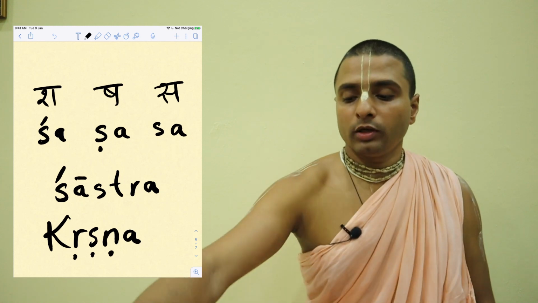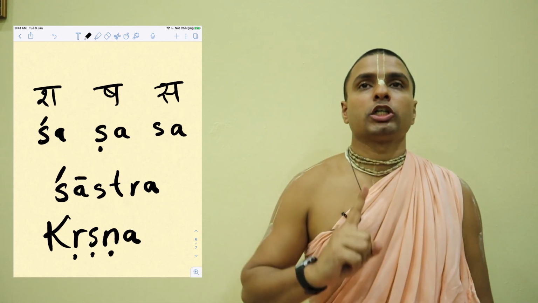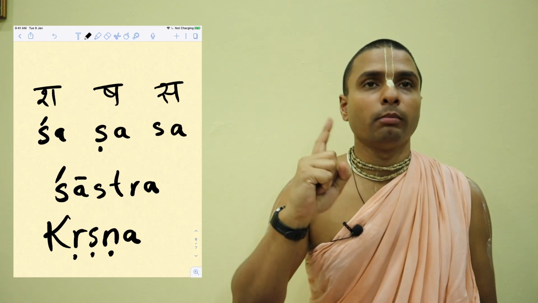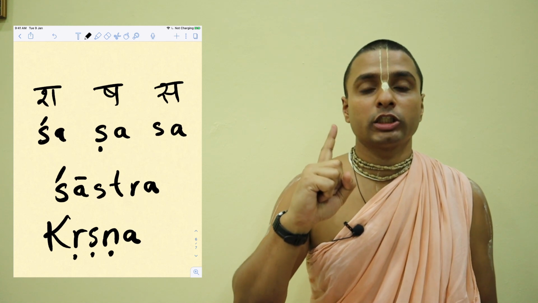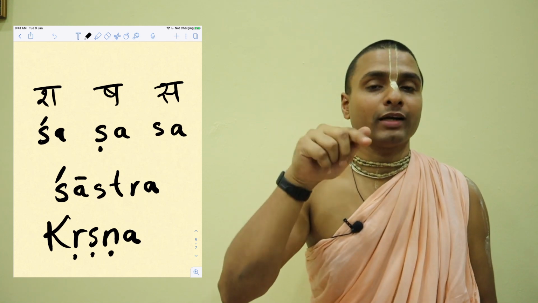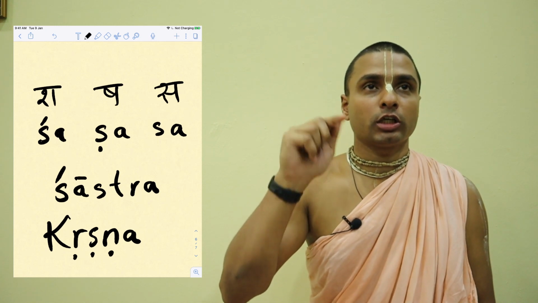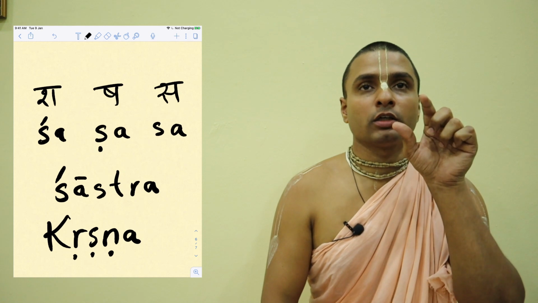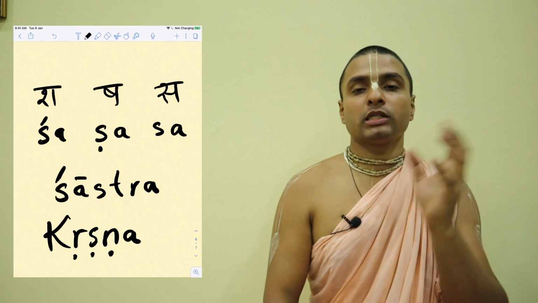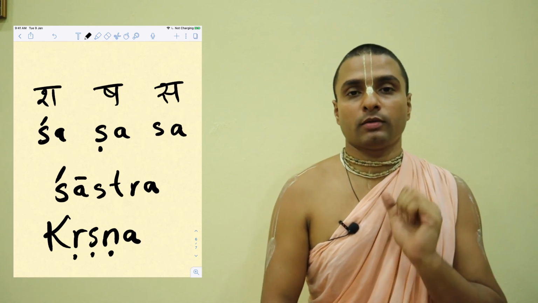That S with the dot below is pronounced like velar: ka, in that position of ka, but sh. The air is forced through that sh. So it is different from the sh at the ch position. It is now at the ka position. That is the difference between sh and sh.